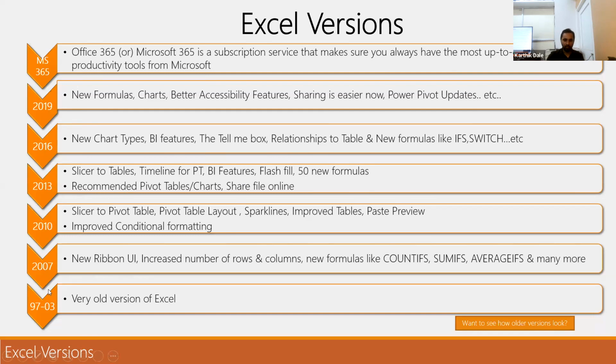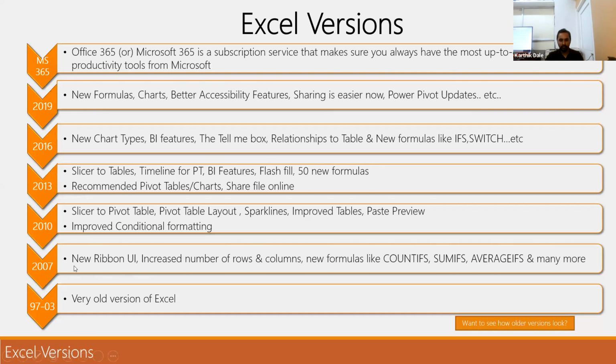If I talk about version changes, from 2007 onwards there was a drastic change in terms of UI, meaning user interface, and the number of rows and columns also increased drastically, and many new formulas were added. So let me talk one by one.